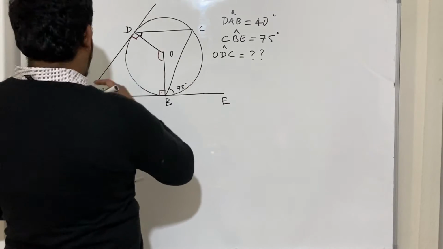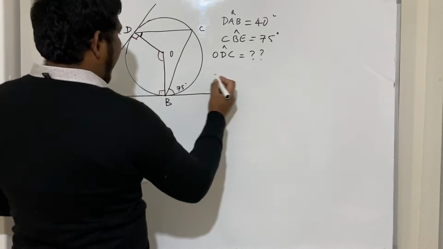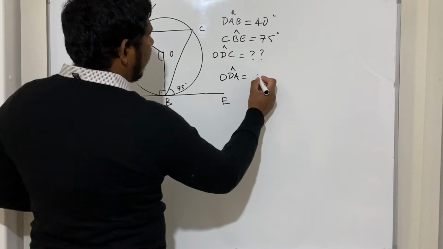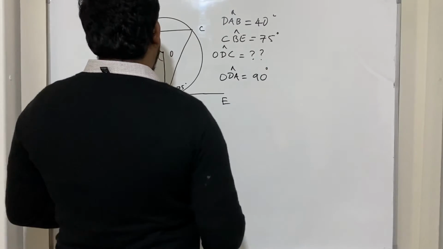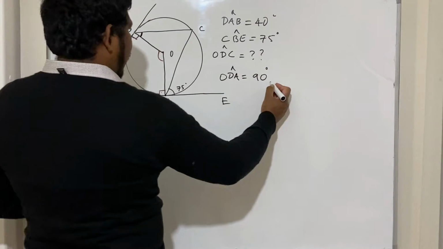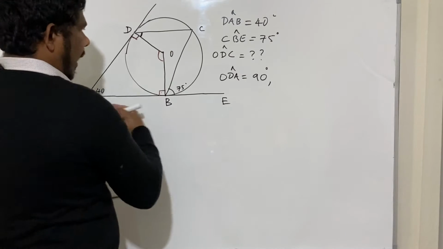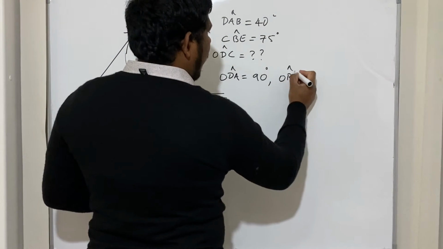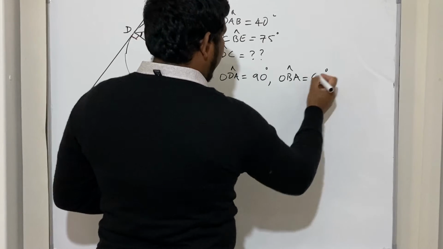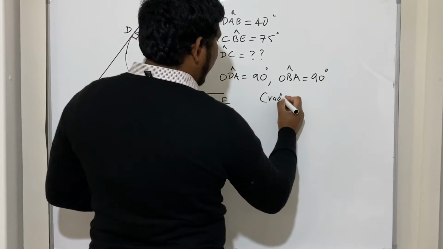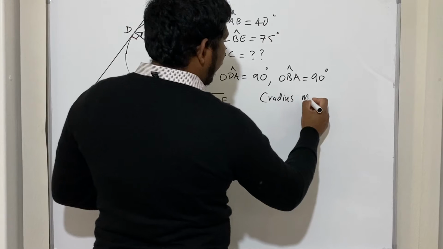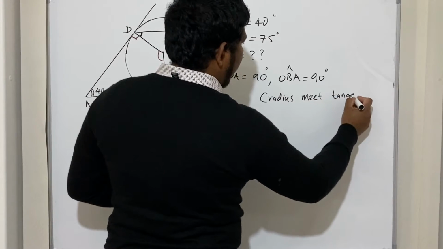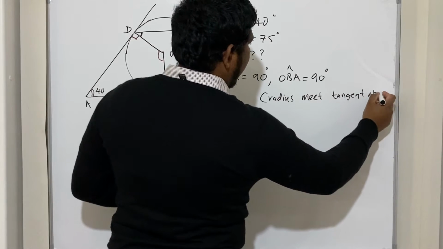Angle ODA is 90 degrees, and angle OBA is also 90 degrees, because the radius meets the tangent at 90.